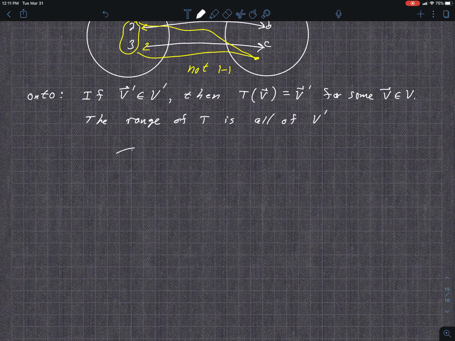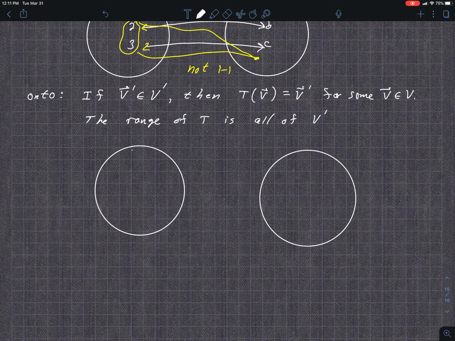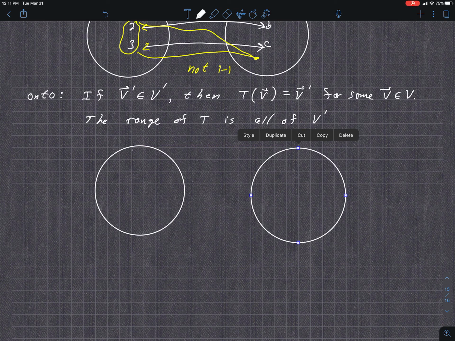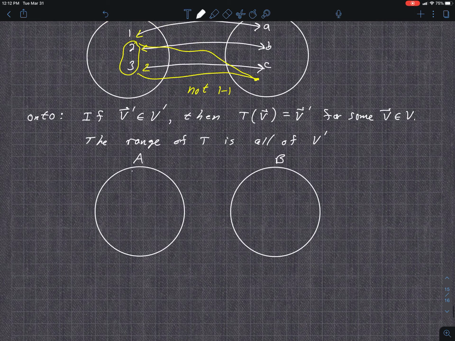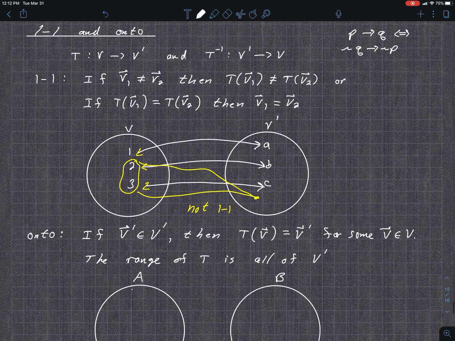So there's a couple of ways of thinking about this. Let me draw the diagram again. Remember we had the range and codomain and all those concepts. Let's just call this A and B this time, because both of these concepts, by the way, are not just for linear transformations.